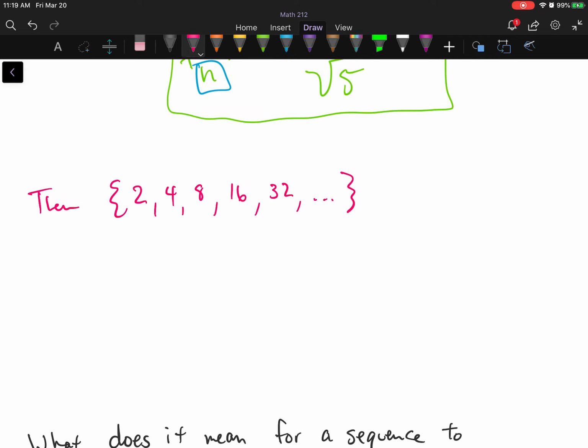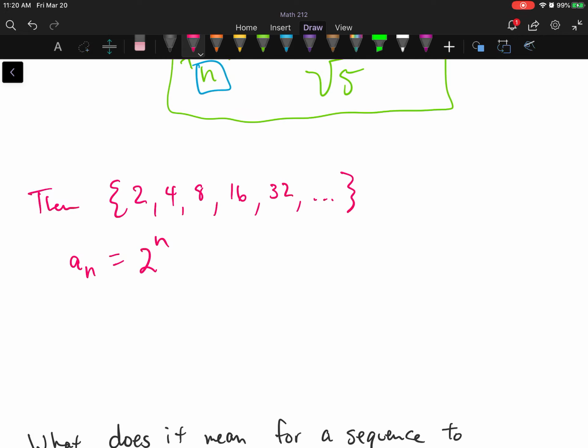In order to figure those out, I think we need to look at what patterns we see here. We've got 2, 4, 8, 16, 32. One pattern is that those are all powers of 2. And so actually coming up with a formula for the nth term is kind of as simple as saying 2 to the n, isn't it?